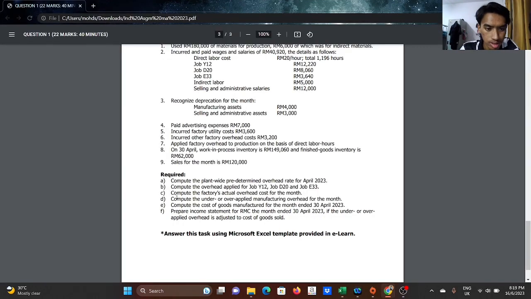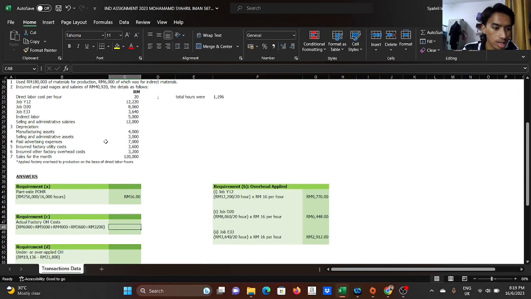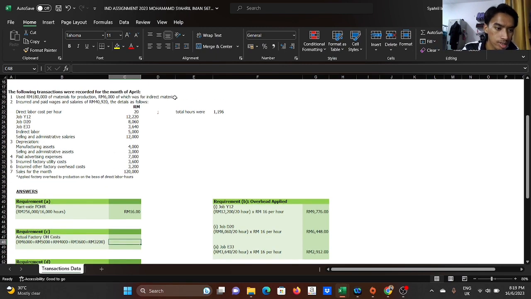For question C, compute the factory actual overhead cost for the month. Okay, from this question, we found that there are 5 items categorized under factory overhead cost, which is 6,000 of indirect material, 5,000 of indirect labor, 4,000 of depreciation on manufacturing asset, 3,600 of incurred factory utility costs, and 3,200 of incurred other factory overhead costs.